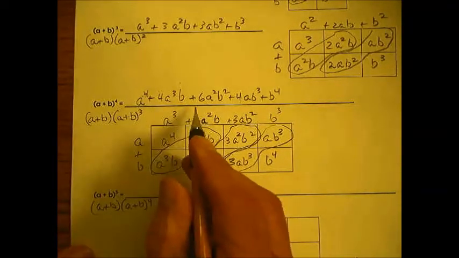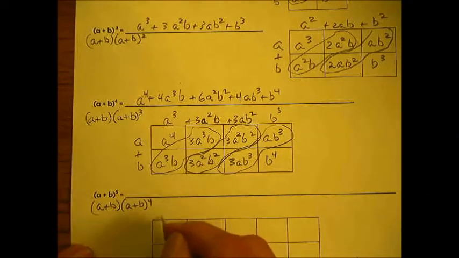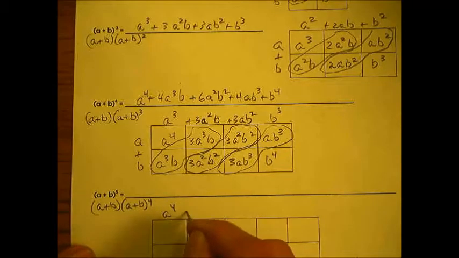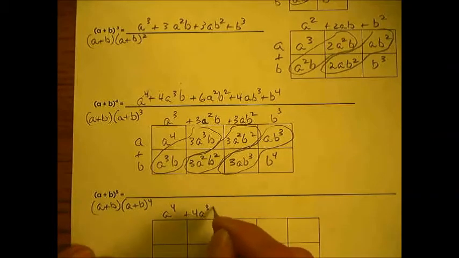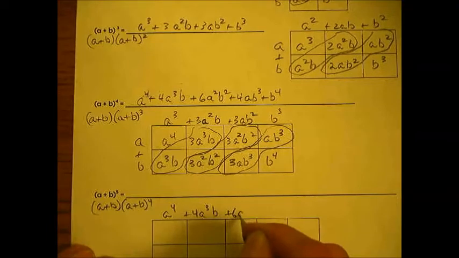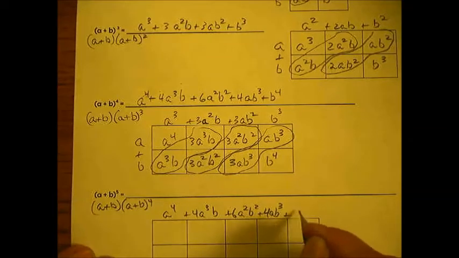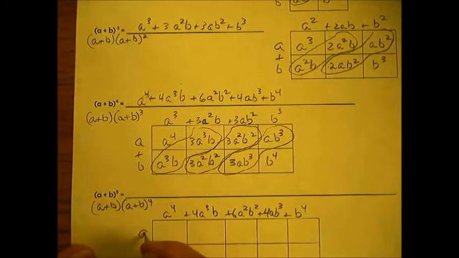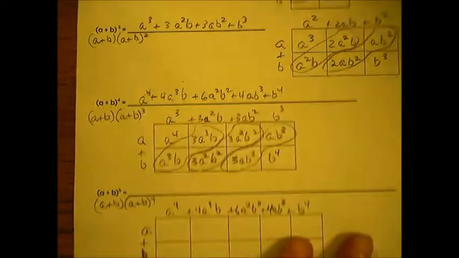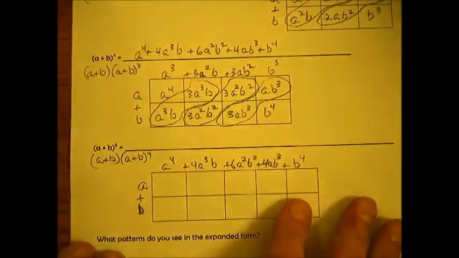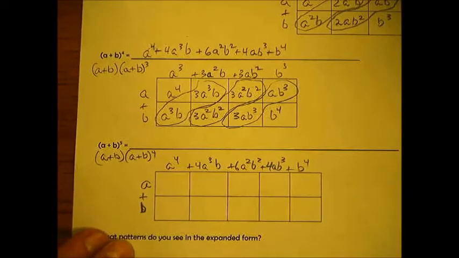And I'll take my answer for the a plus b to the fourth and put it on top here, which is a to the fourth plus 4a cubed b plus 6a squared b squared plus 4ab cubed plus b to the fourth. And I'm going to multiply that by a plus b. Pause your video now and work this thing and see if we get the same answer.